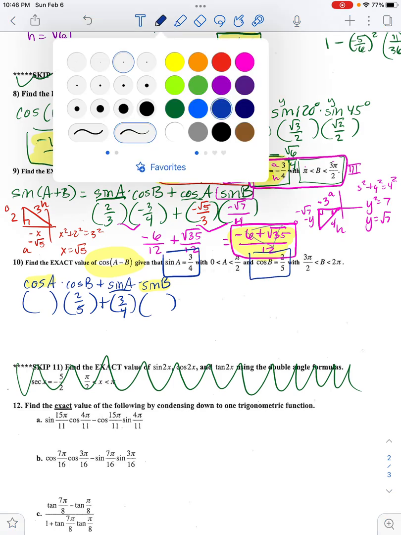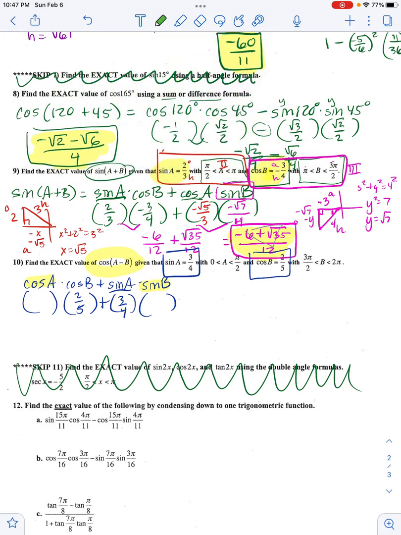So I'm going to do what we did before again and use this information to figure it out. So from 0 to pi halves is going to put me in quadrant 1. Sine is opposite over hypotenuse. And just like this one up above, we had the same kind of scenario. This is going to be my x. In this case, it'll be positive, though, because I'm going to the right. So x squared plus 3 squared has to equal 4 squared.